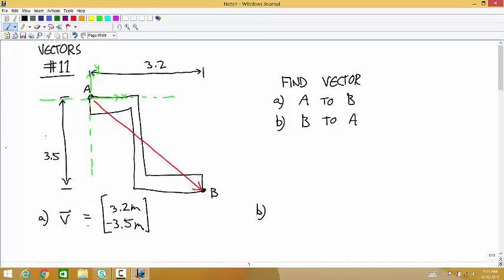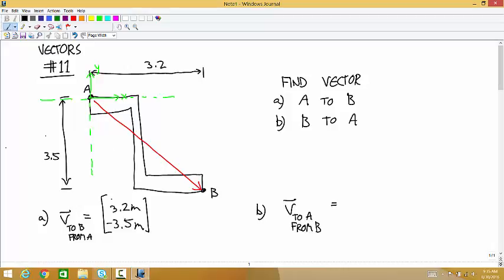So this is the vector from A to B. Then the vector from B to A, you can do on its own by imagining the coordinate system at B and calculating that vector.